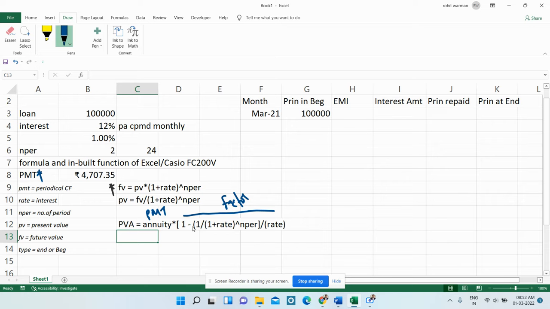This factor we can bring to the left hand side in the denominator and find the EMI. So let me go with it.